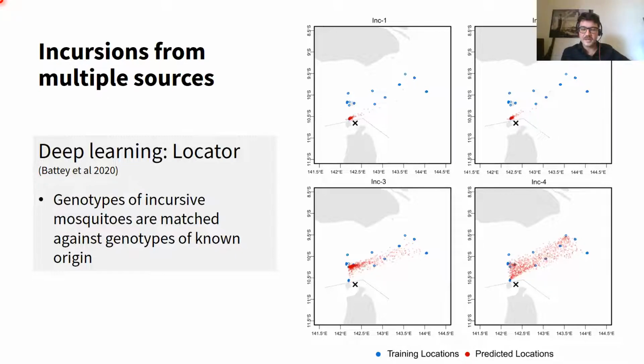So we've got 4 incursive mosquitoes, 1, 2, 3, 4, and it takes each particular genotype and compares it to all the other genotypes as a spatial location. It's not aggregating individuals into populations, because we're not making a hypothesis that these are populations. We don't know. So it's better to just treat the genotypes in space as they are.